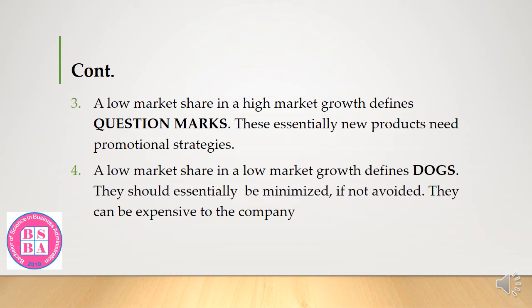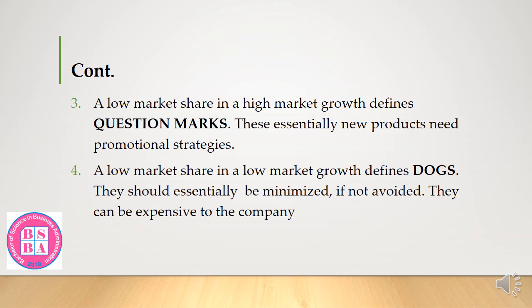And the fourth quadrant is classified as dogs. So, a low market share in a low market growth, as we define the dogs quadrant. They should essentially be minimized, if not avoided. They can be expensive to the company. Why? Because pag dito na-classify ang product sa dogs quadrant, ibig sabihin, it is an expense to the company.